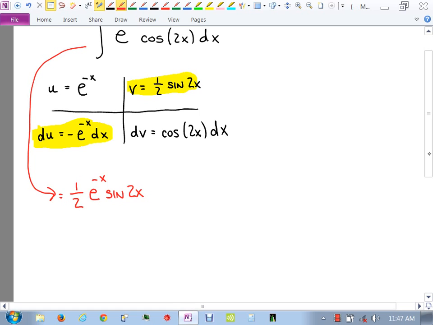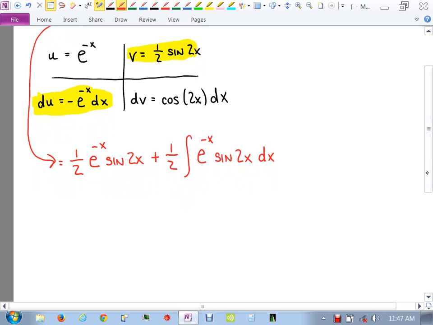So is it really going to be minus? It's going to be plus what? 1/2 the integral of e to the negative x sine 2x dx.